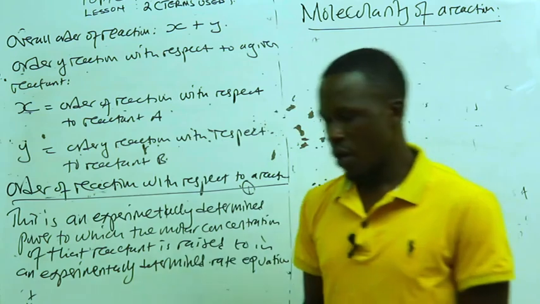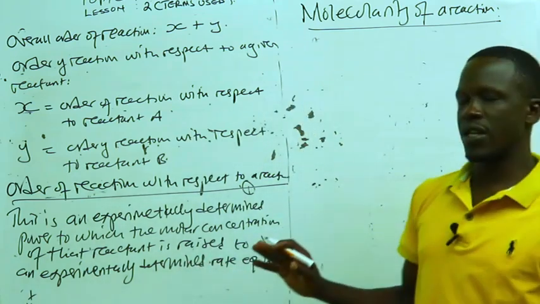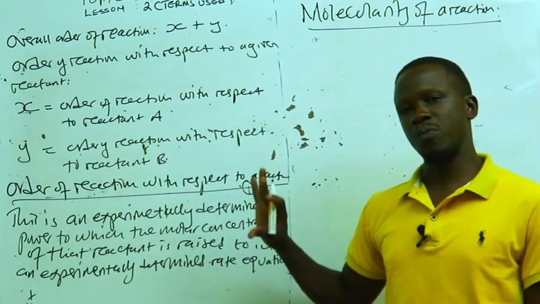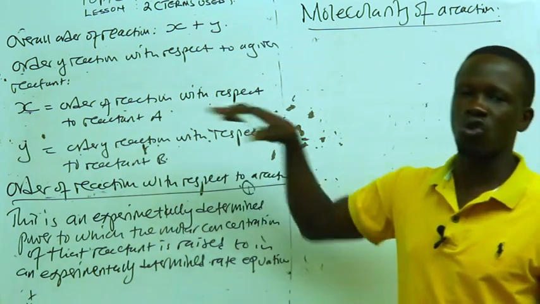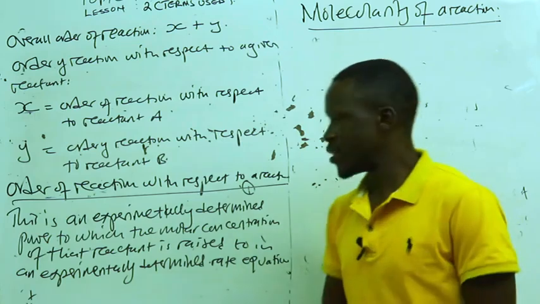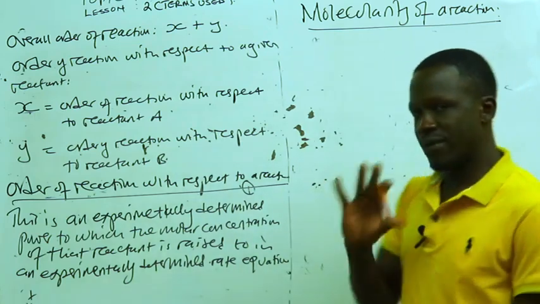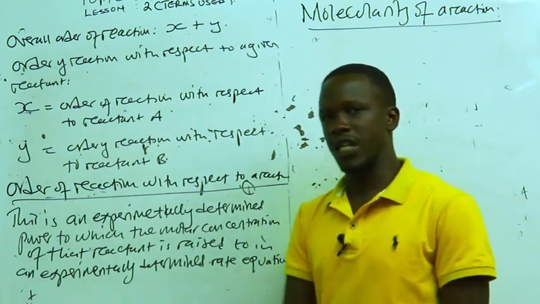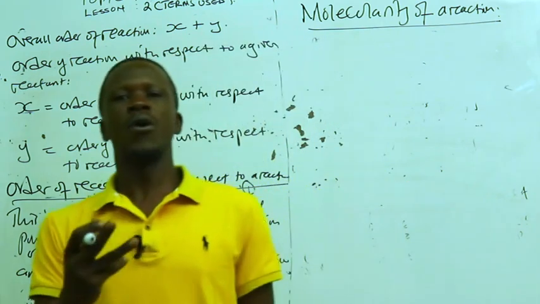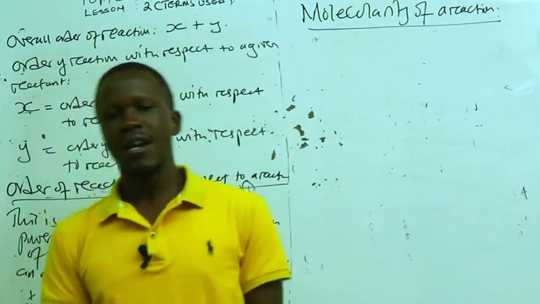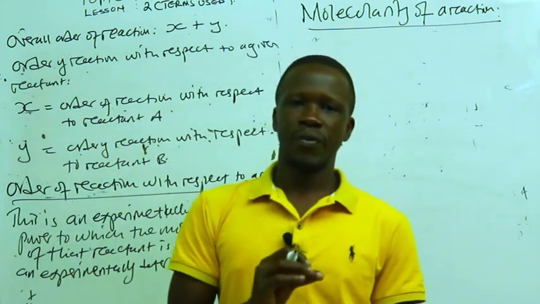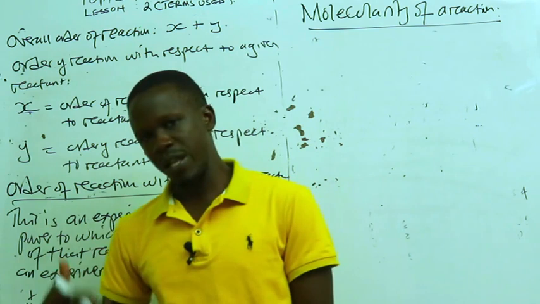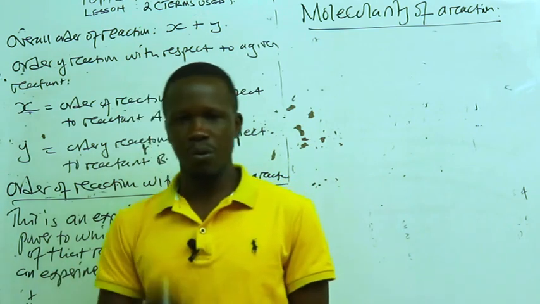Now, while order of reaction is experimentally determined and refers to certain powers, molecularity is theoretical and only known for those reactions whose mechanisms are well known. The mechanism, the way the reaction proceeds, is very well known.